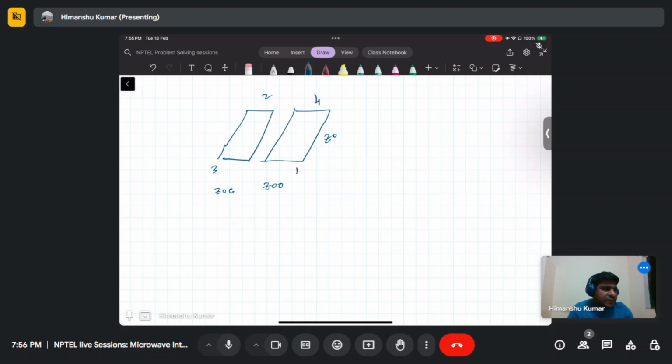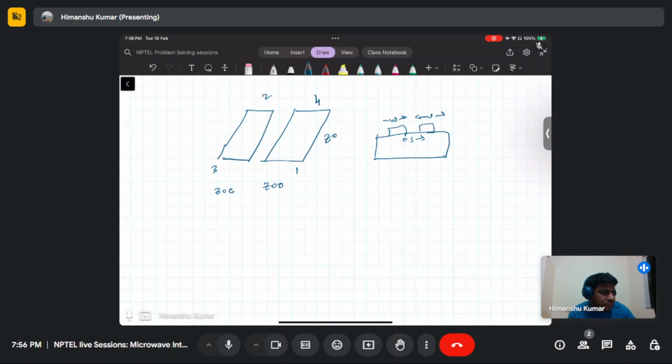You can convert it to this equivalent network. If you draw the cross section of this line, you can write it as two lines which have width w, and the spacing is s.